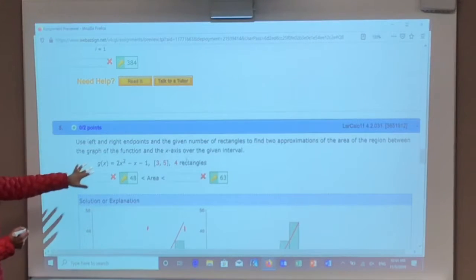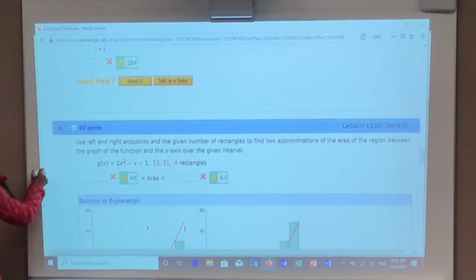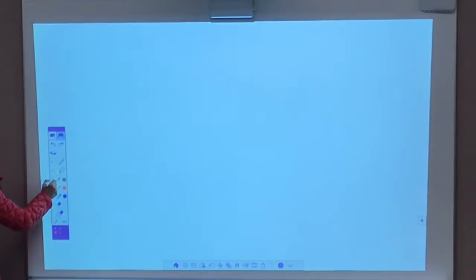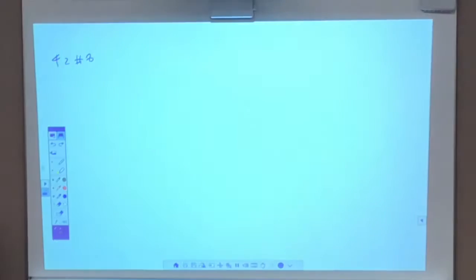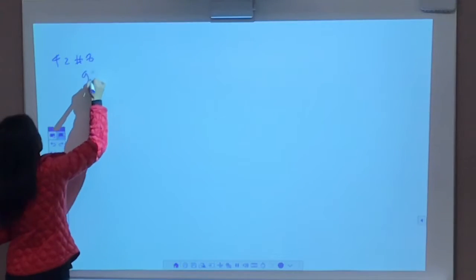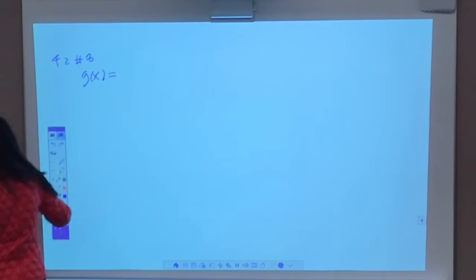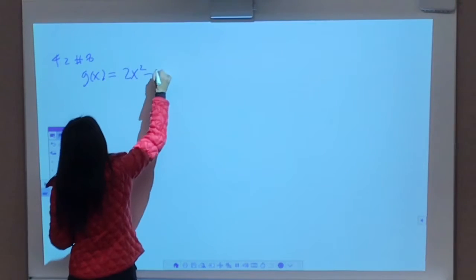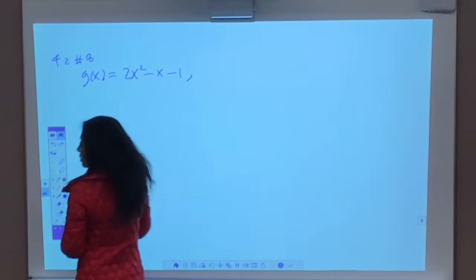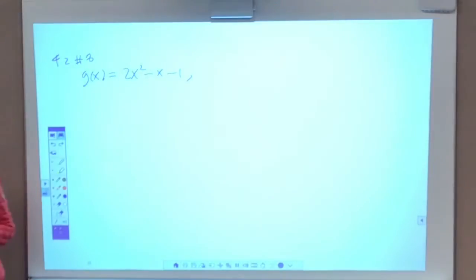Okay, so let me transfer that problem to the other one then, okay? So I will be doing just like you. So 4.2, number 8. The graph they gave me is g of x is equal to 2x squared minus x minus 1. I want that number to be in between where? 3 and 5.